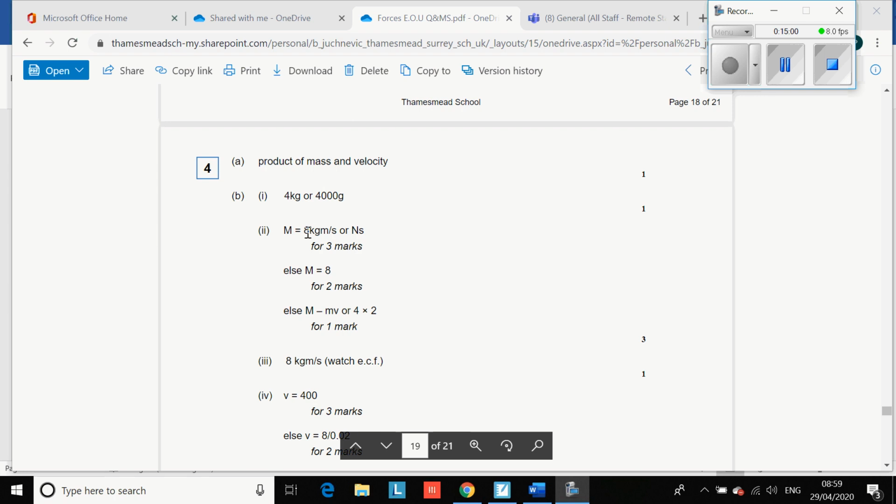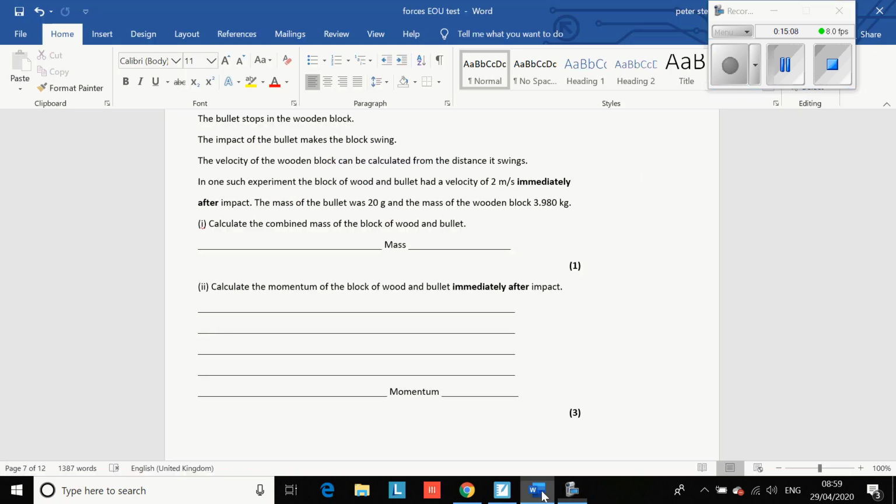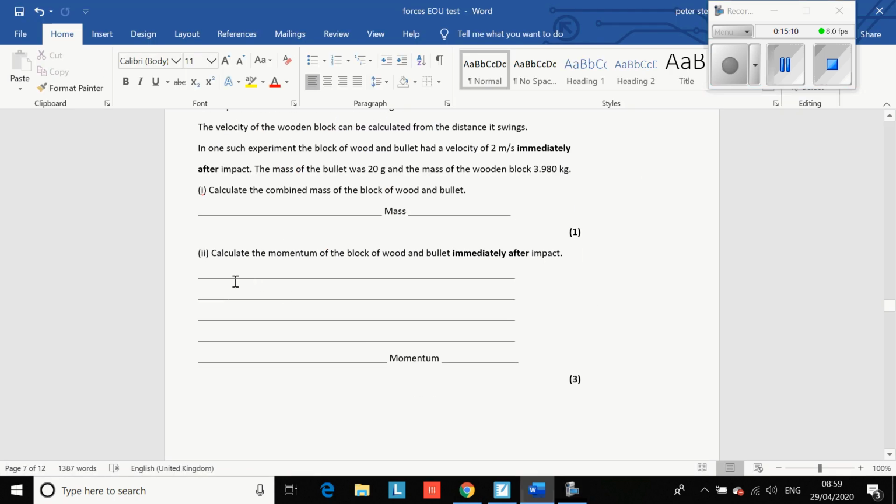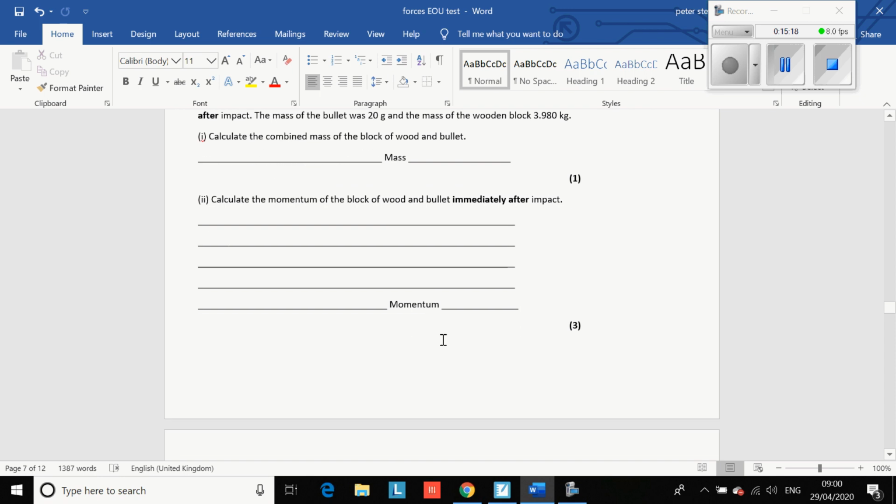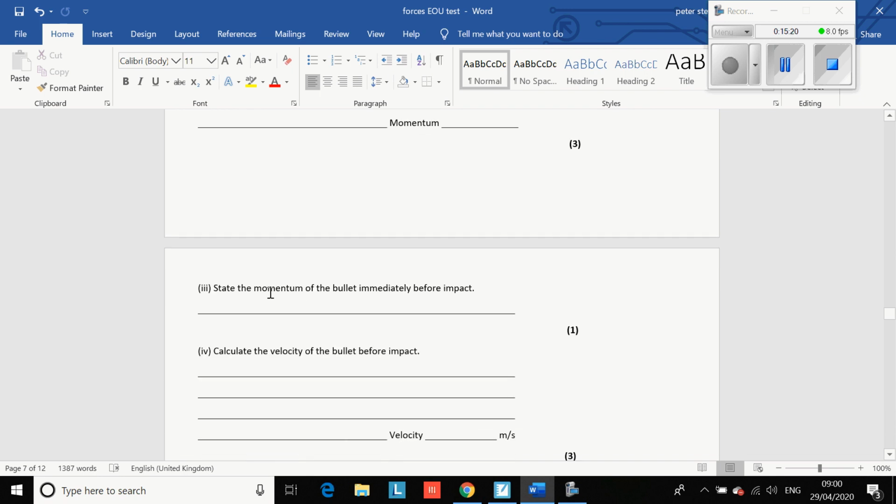So 4 times the velocity 2 meters per second gives you 8. So 8 kilograms meters per second. If you actually go into the answer, 3 marks: you need to do the calculation, 1 mark. The answer is 8, 2 marks, and you must remember your unit for momentum, kilograms meters per second, 3rd mark.